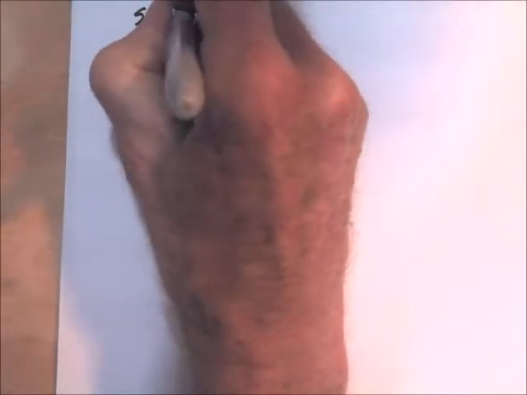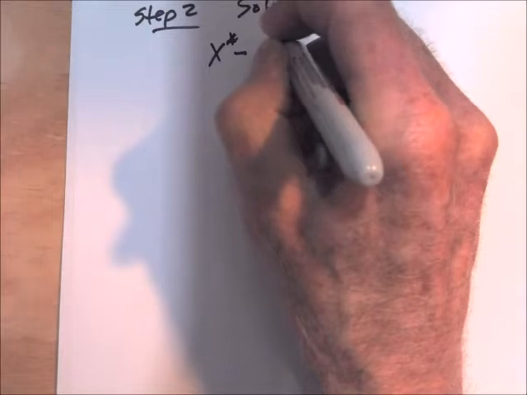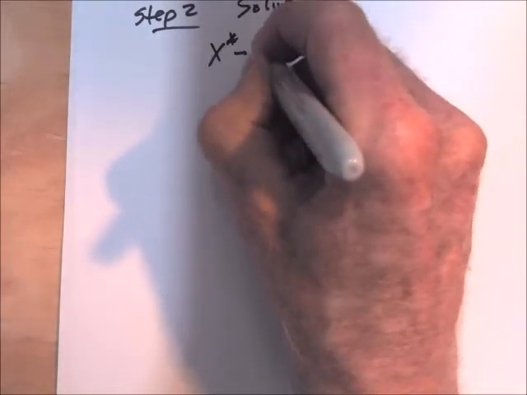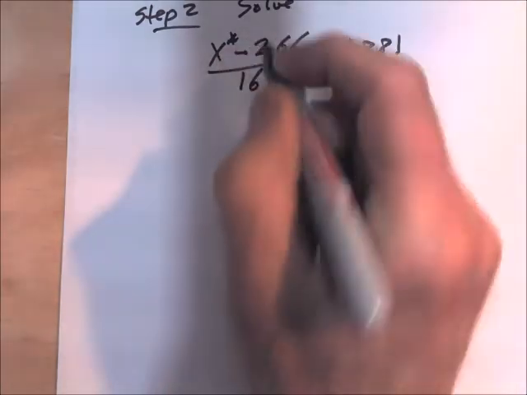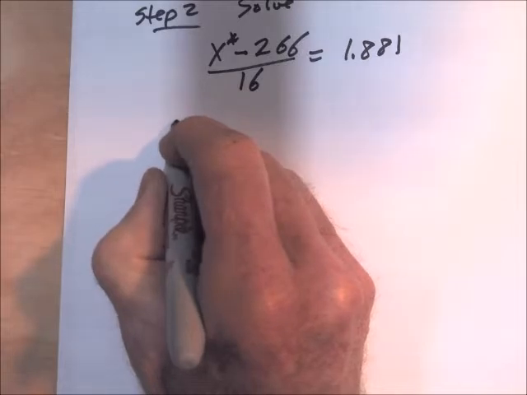Step 2, we want to solve (x star minus the mean, which is 266) divided by the standard deviation, which is 16, equals 1.881. So this is our z-score, and we want to find the x-score. So we want to multiply both sides by 16.